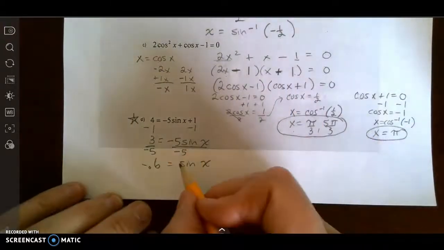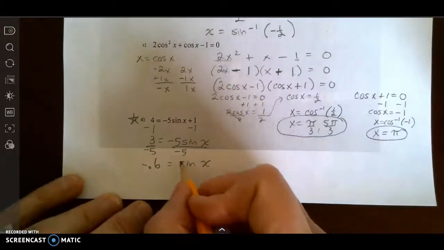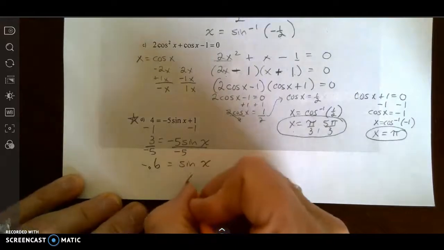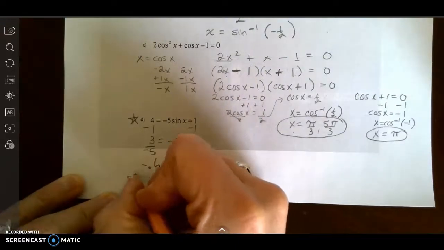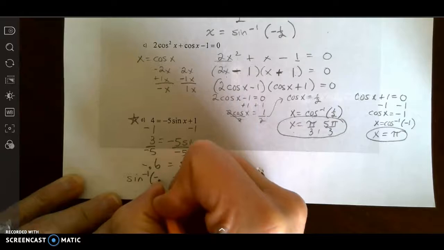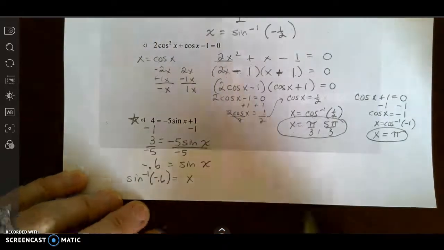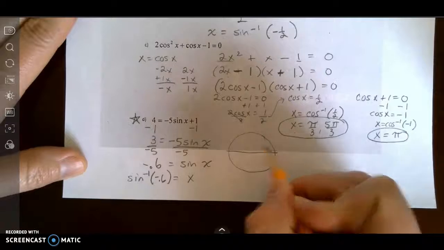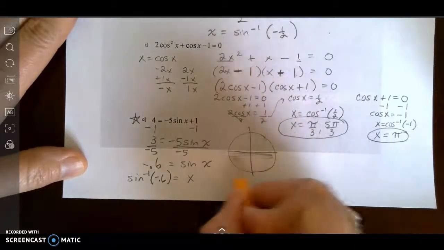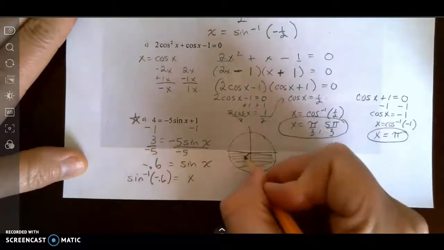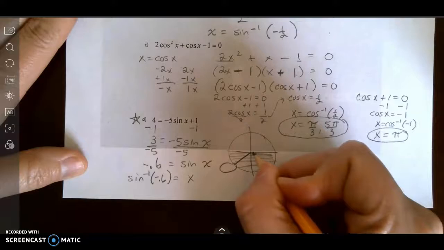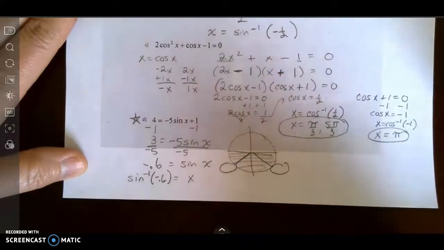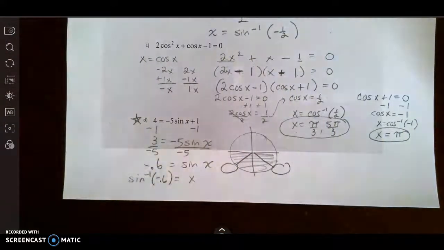I'm going to take the inverse sine of each side, and I get that x equals the inverse sine of -0.6, which means, where's sine negative? That's down here. So I'm going to have a quadrant 3 answer and a quadrant 4 answer.